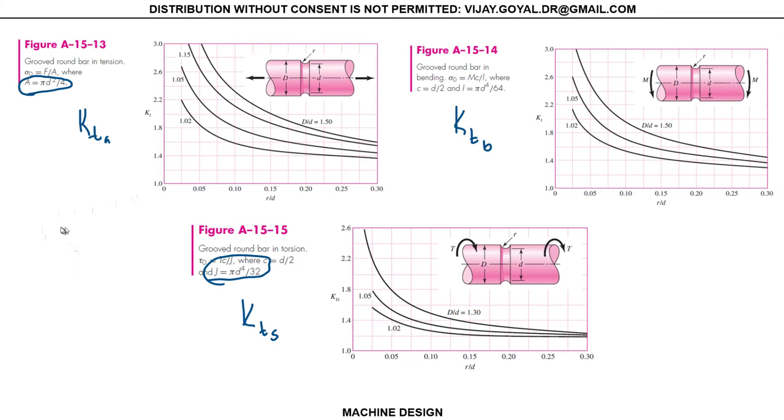In ductile materials, they were one. In brittle materials, they cannot be one. So these are not equal to one because the stress concentration plays a key, important role in this type of problem.